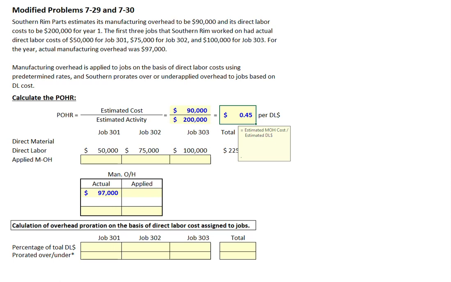We're given our information for direct labor cost, $50,000, $75,000, and $100,000 for jobs 301, 302, and 303, respectively. So our applied manufacturing overhead for job 301 will be the 45 cents per direct labor dollar times $50,000, or $22,500. For job 302, we'll assign $33,750 in overhead.